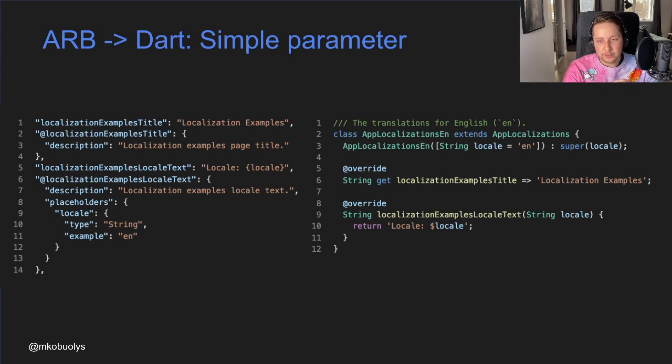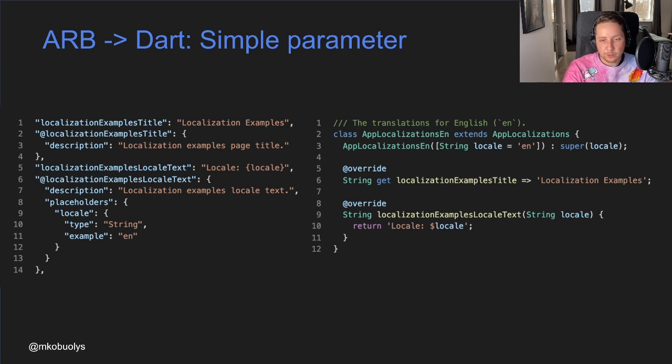So simple translations, or translations with some properties, are generated as simple strings or functions that return strings. In this case, as you could see, the localization examples title is generated just as a string getter, but the localization that requires some property is generated as a function with a parameter.